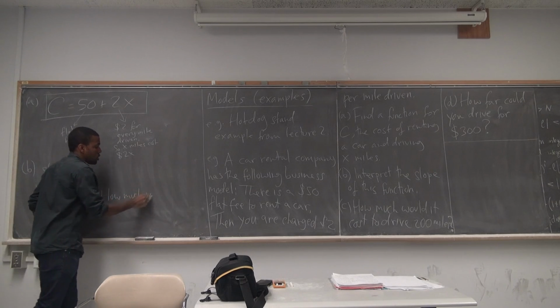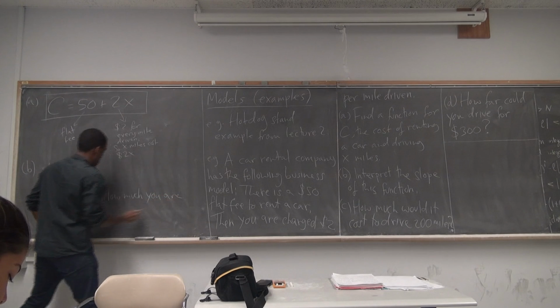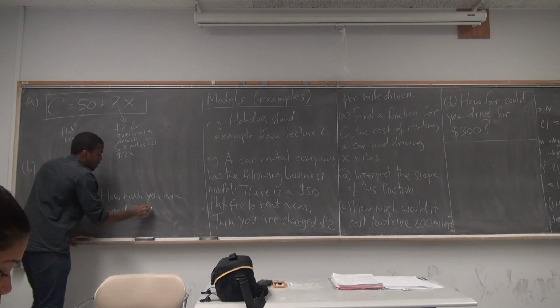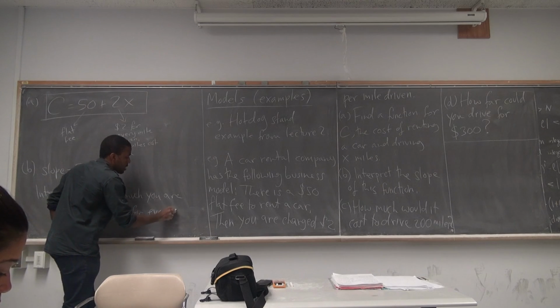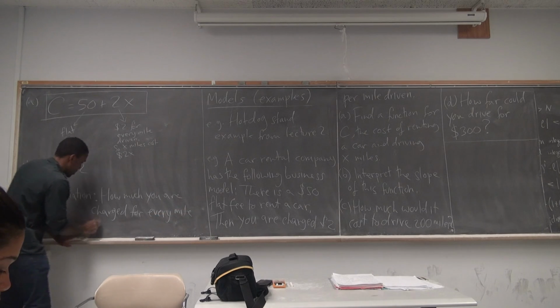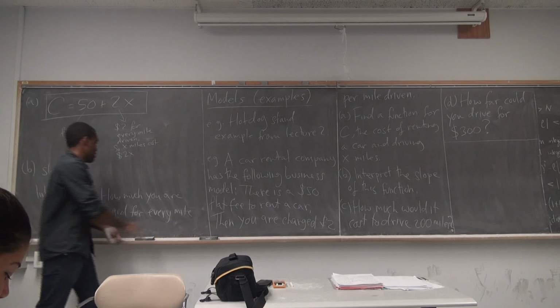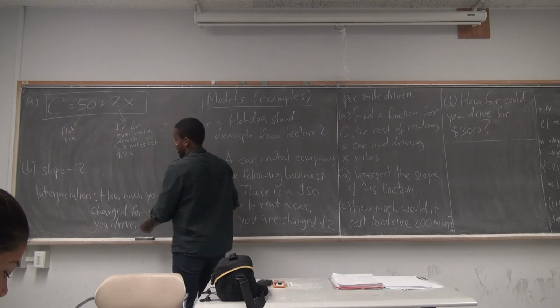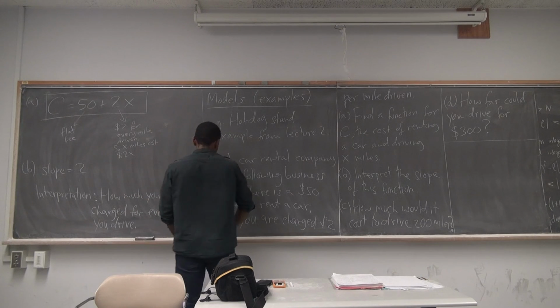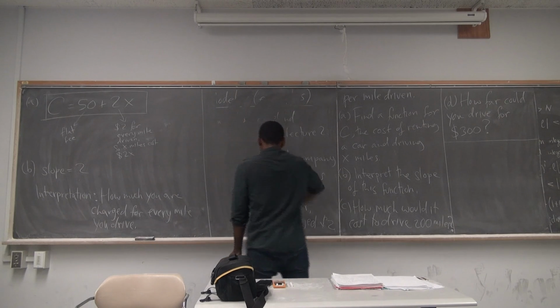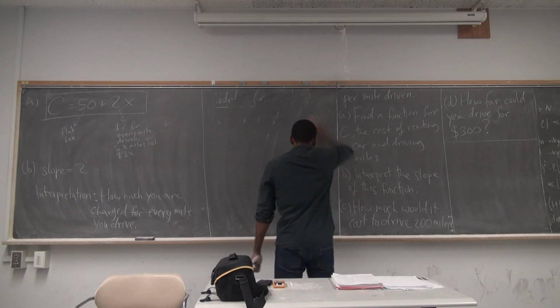It's how much you are charged for every mile you drive. Okay, so now math is getting real. That 2 is not just a 2, that's money out of my pocket right now. Now I really care. Every time I drive a mile, ching, that's $2.